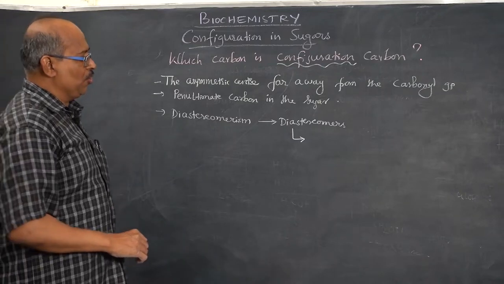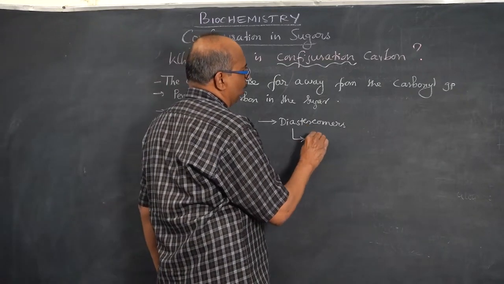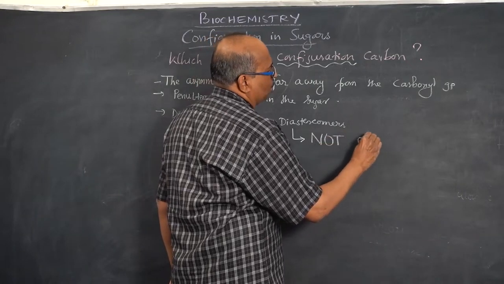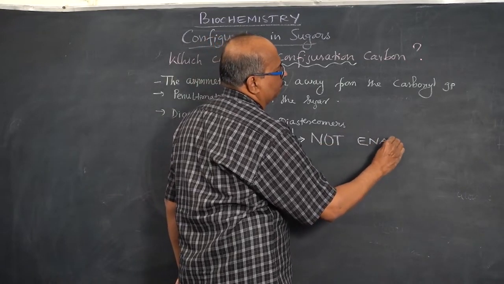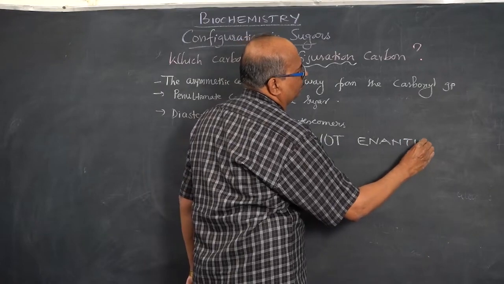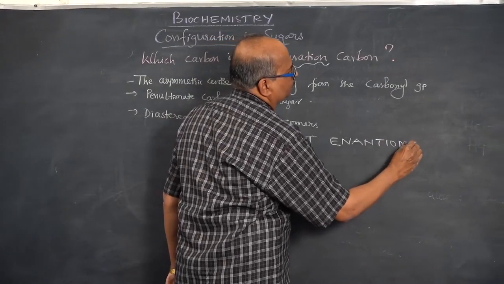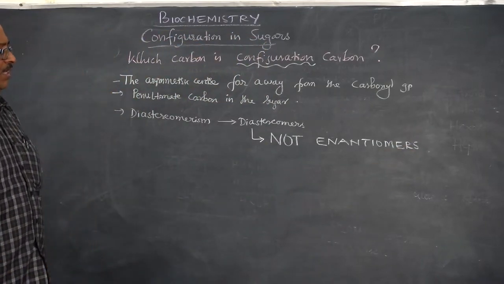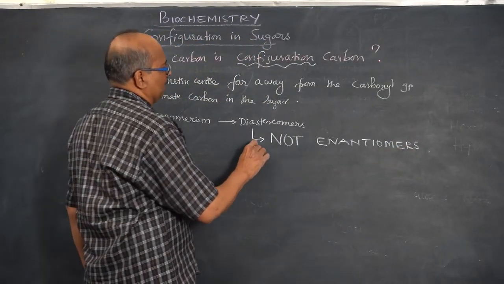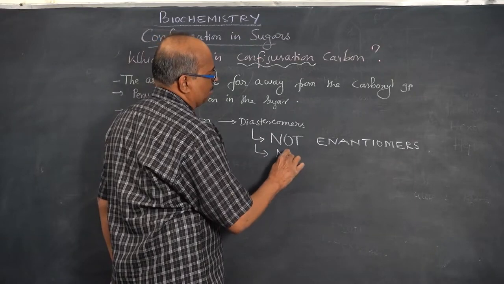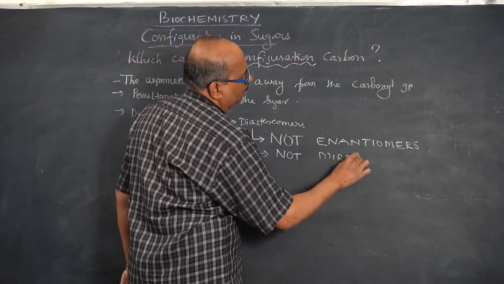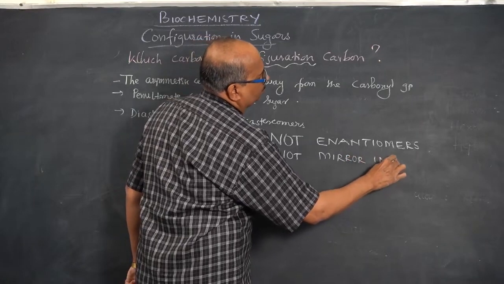The diastereomers are not enantiomers. So they are not mirror images.